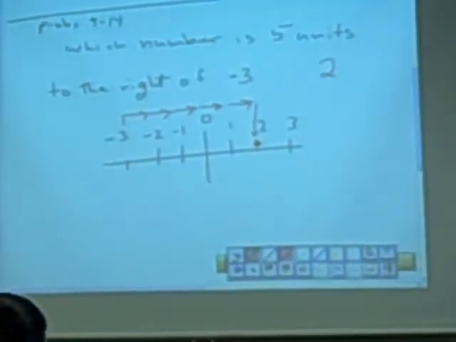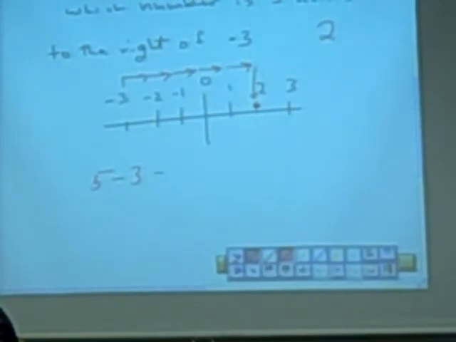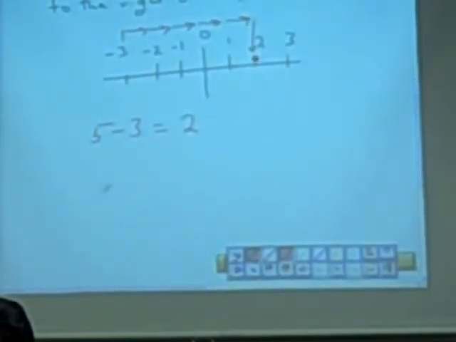So when we're looking at addition or subtraction, we're used to seeing 5 minus 3 is 2. But what we're not used to seeing is -3 plus 5 is also 2.